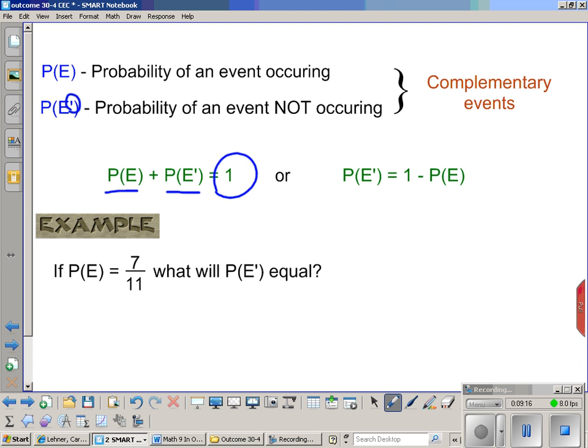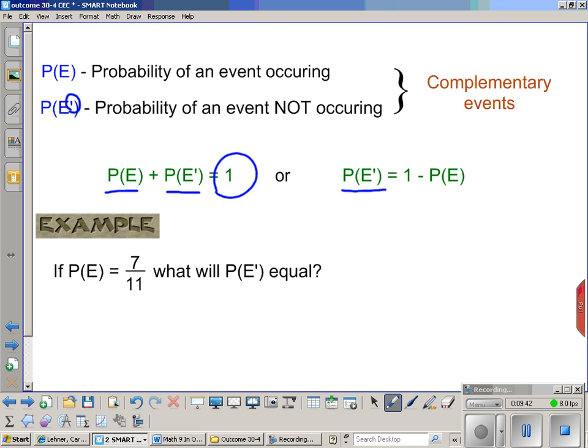The other way you could look at it, if you know the probability of the event, you can find the probability of the complement by going 1 subtract the probability of the event. So in this example, if the probability of some event is 7 out of 11, what will the probability of its complement be? Some of you can probably answer this without even doing any written work.